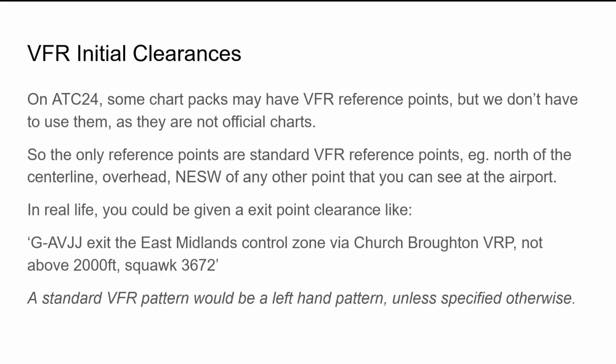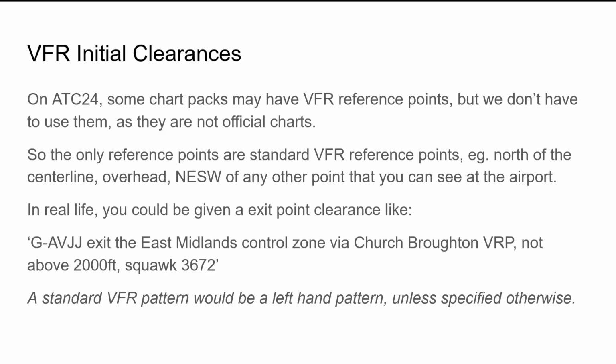In real life, you can also be given an exit point clearance using a reference point. We don't have reference points here, so just give them north, south, east, west if they're departing. For example, in real life, you can have Golf, Alpha, Victor, Juliet, exit the East Midlands Control Zone via Church Broughton VRP, not above 2,000 feet, Squawk 3672.